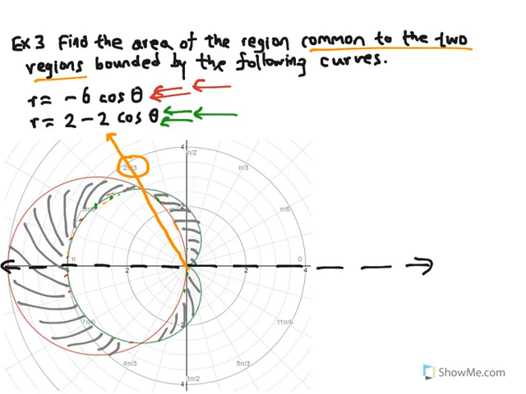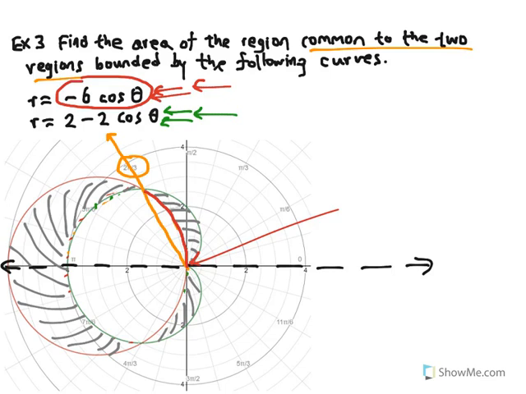The first subregion is bounded by the graph of the polar equation r is equal to negative 6 times cosine theta, which is a part of the circle or an arc of the circle, and the radial line theta is equal to 2 pi over 3.